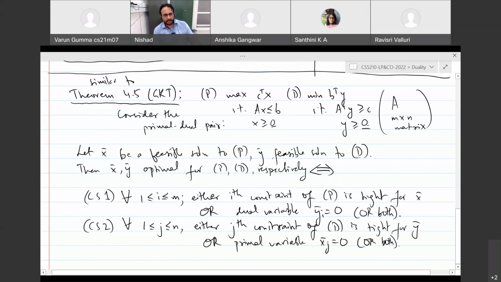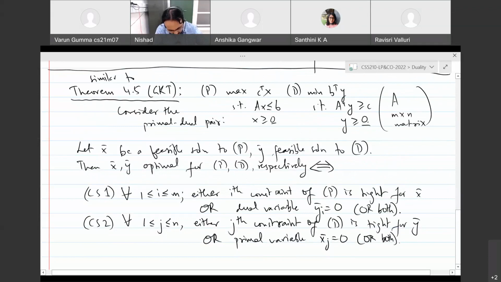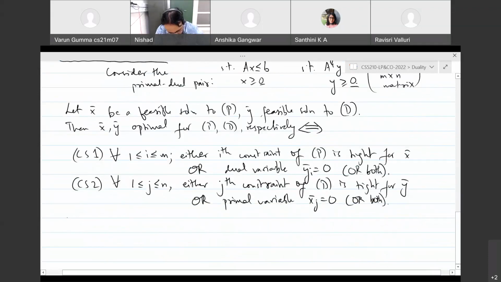Okay. This is what we will prove. So these conditions, as I mentioned earlier, are called the complementary slackness conditions.